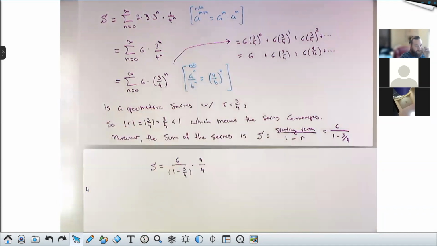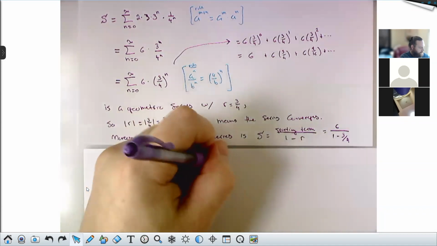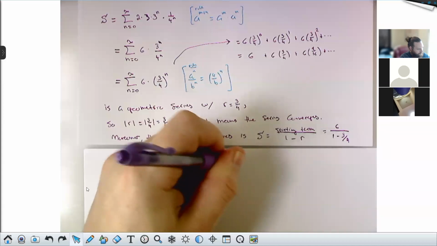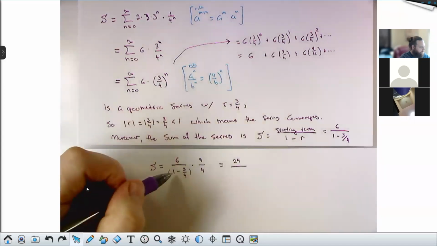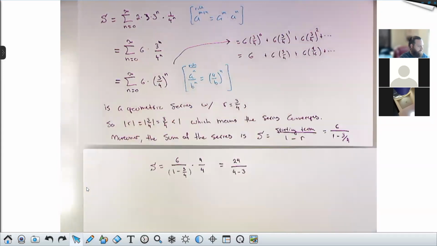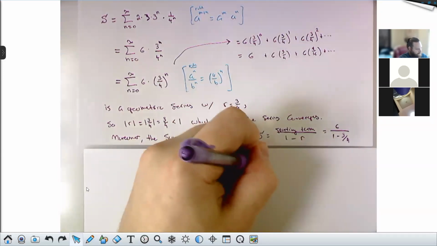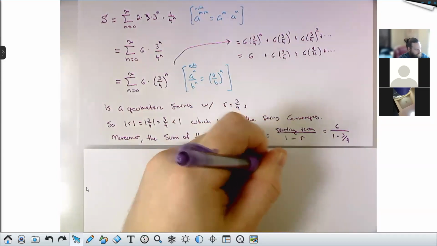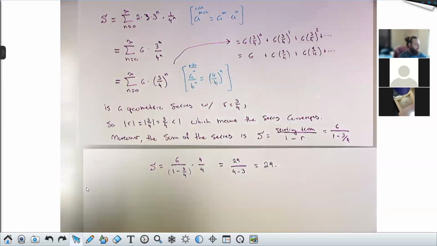Always multiply a fraction top and bottom by some number. The top will become 24, and the bottom will be 4 minus 3. You've got to distribute the 4. 4 minus 3 is 1. This is just 24. This series adds up to 24.